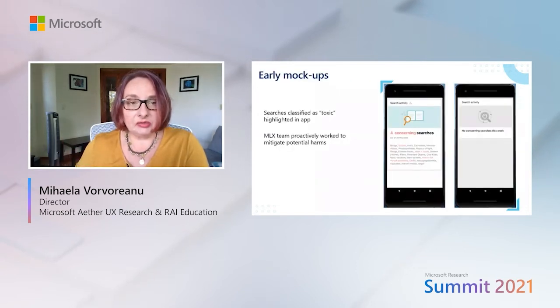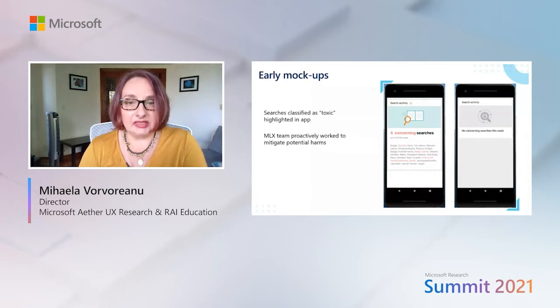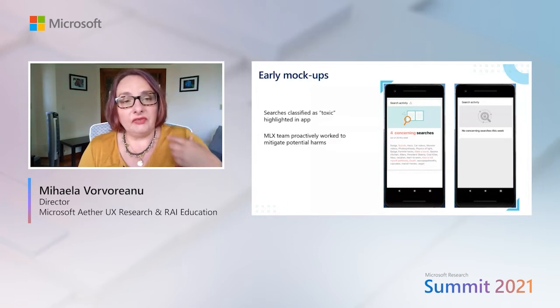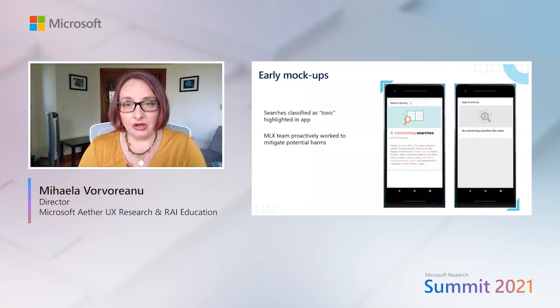Now, these are some early mock-ups of this app. And you can see how initially it would highlight search terms that were classified as toxic or concerning. The Modern Life Experiences team worked with us proactively to mitigate potential harms. At Microsoft, we have a process for apps or products that are considered to potentially have risks and harms, such as psychological harms, to undergo review and consulting.